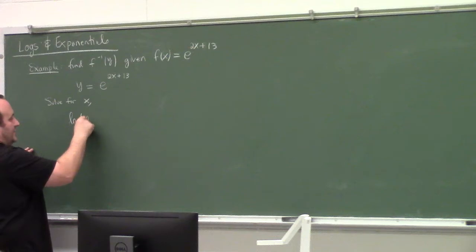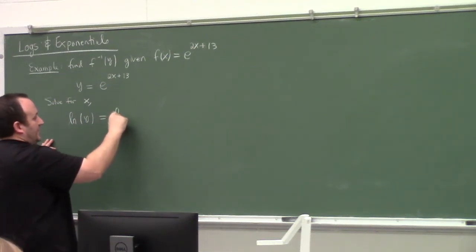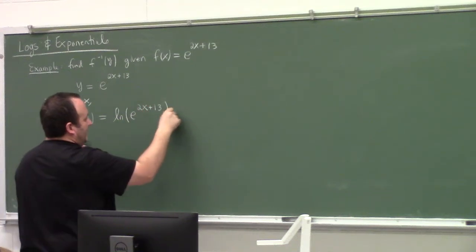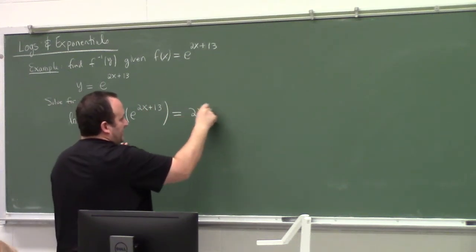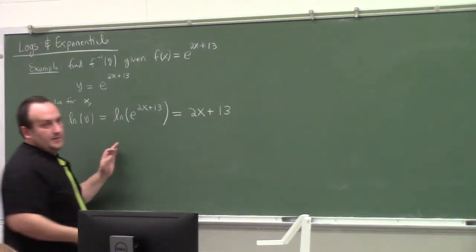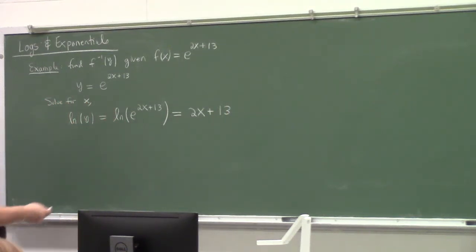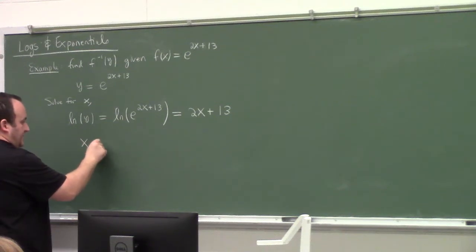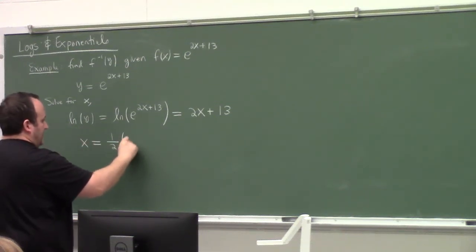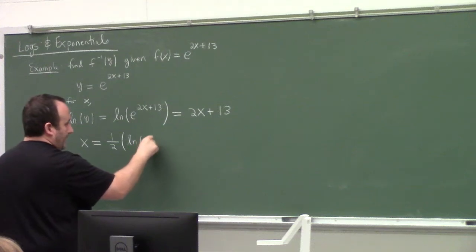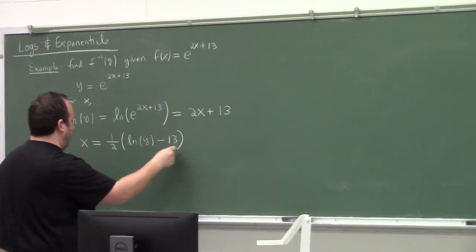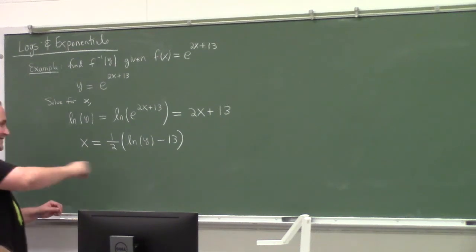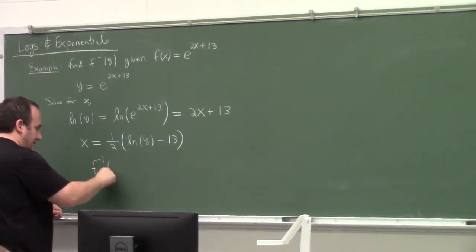Natural log of y is equal to the natural log of e to the 2x plus 13, but that is 2x plus 13. Right, what you just said, 1/2 of the natural log of y minus 13. Yeah, indeed, boom. This is exactly f inverse of y.